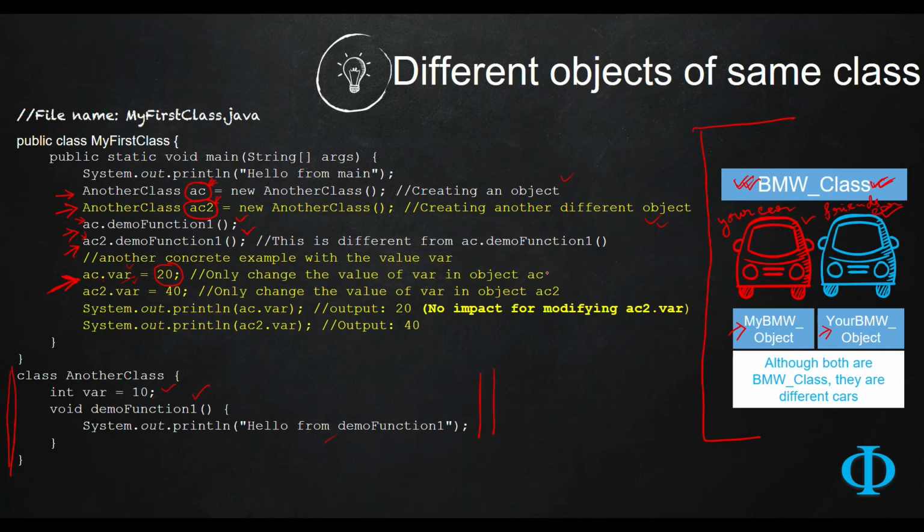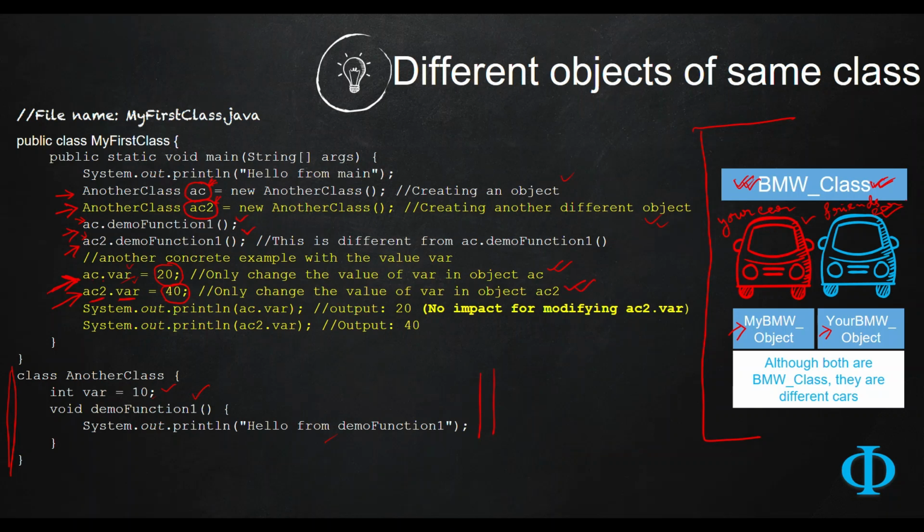It will change the value inside the object AC. Then in the next line, I have changed the value of the same var variable of AC2 to 40, and this will change the value of AC2.